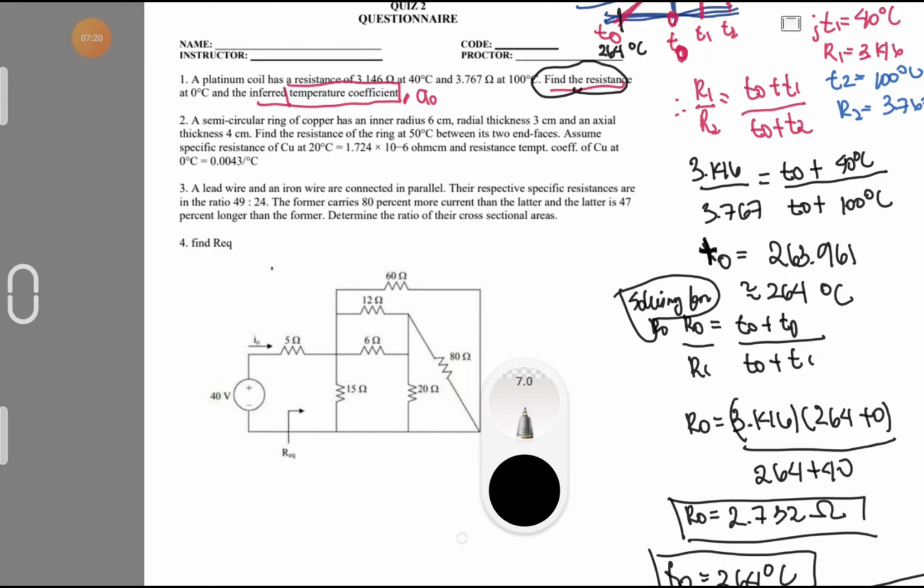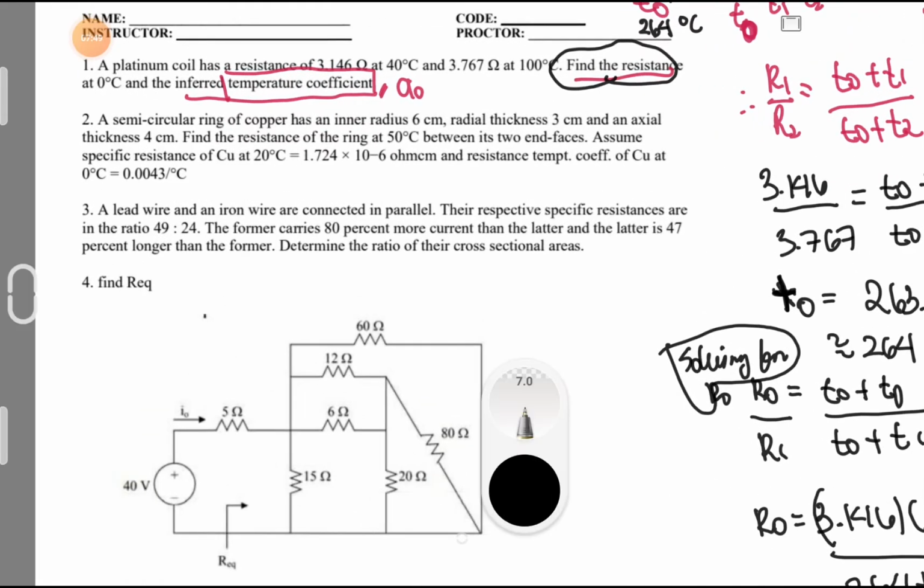Find the resistance of the ring at 50 degrees Celsius between the two end faces. Assume the specific resistance of copper at 20 degrees Celsius is 1.724 times 10 to the negative 6 ohm centimeter, and the resistance temperature coefficient of copper at 0 degrees Celsius is 0.0043 per degree Celsius. So what is being asked? Find the resistance at 50 degrees Celsius.